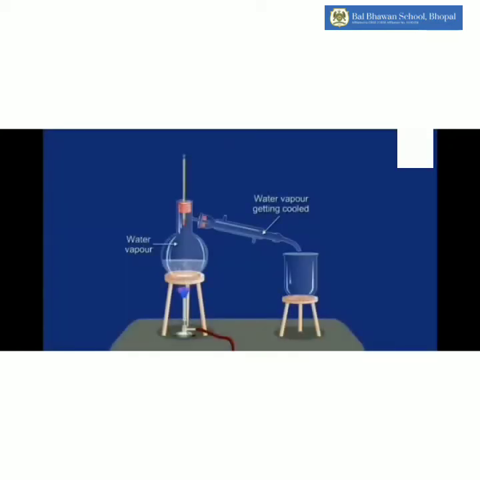Now, generally, it is done in a lab. You take impure water in a round bottom flask and it is heated. Or salt water is being heated in a flask. You can see here, the water slowly starts evaporating into water vapors due to the heat.